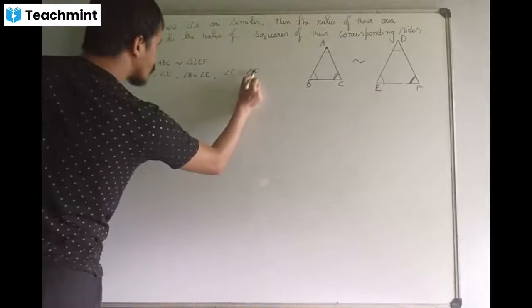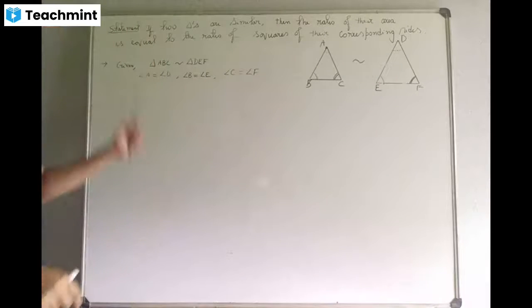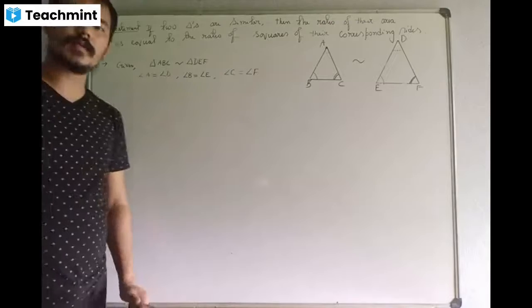So if two triangles are similar, then what we can say is all their corresponding angles will be equal.